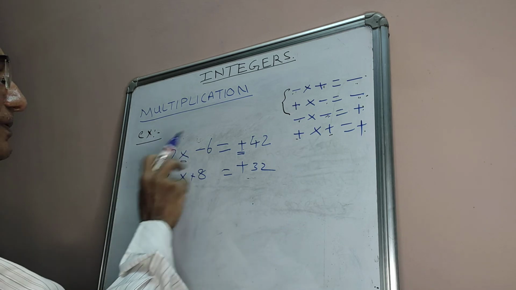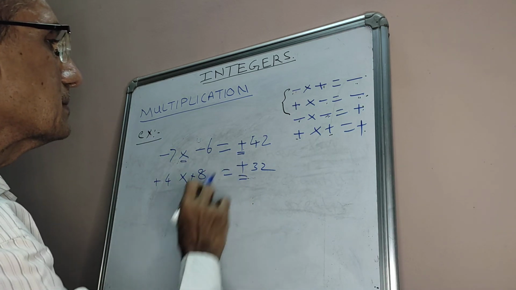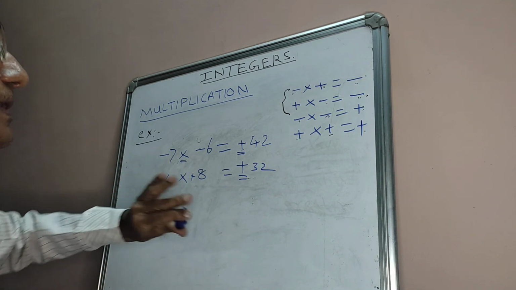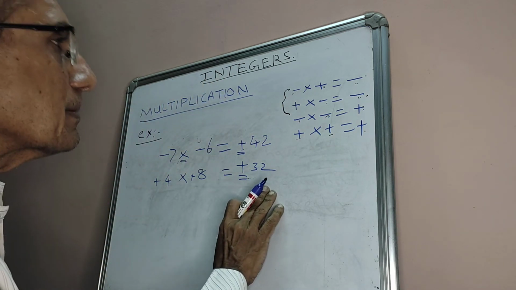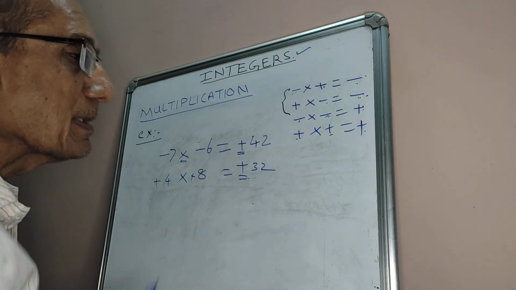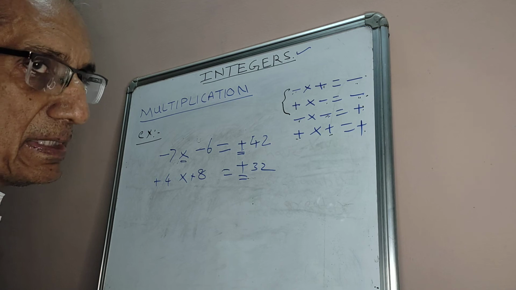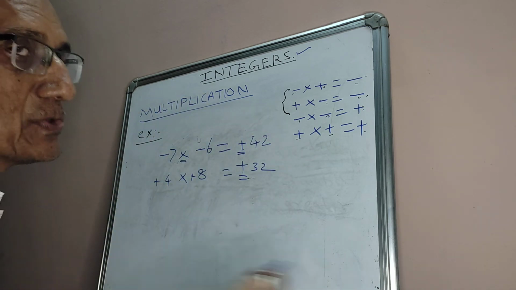Whenever the signs are the same, you always use plus. So these are the rules you have to follow when multiplying integers. The same rule applies when you are doing division.